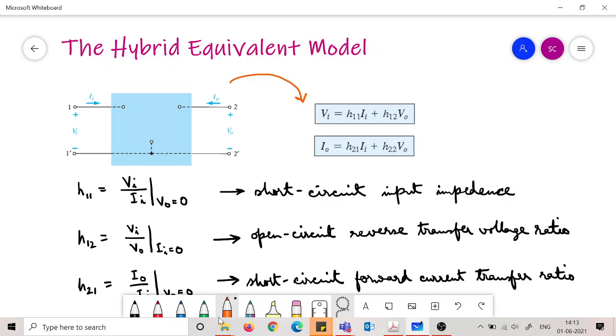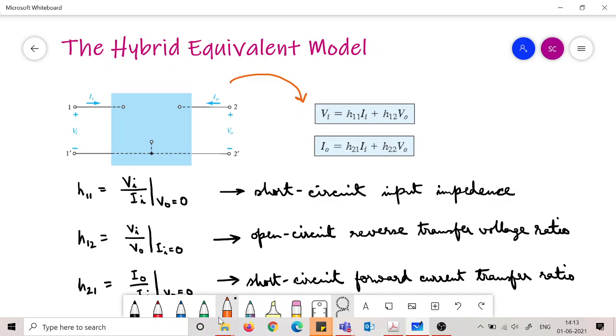So please remember what is dependent and what is independent. Sorry, I am saying it the opposite way. What is dependent is on the left hand side, and what is independent is on the right hand side. Please observe this and remember this. After that, this is very simple. The first parameter is H11, next is H12, the third is H21, and then H22.